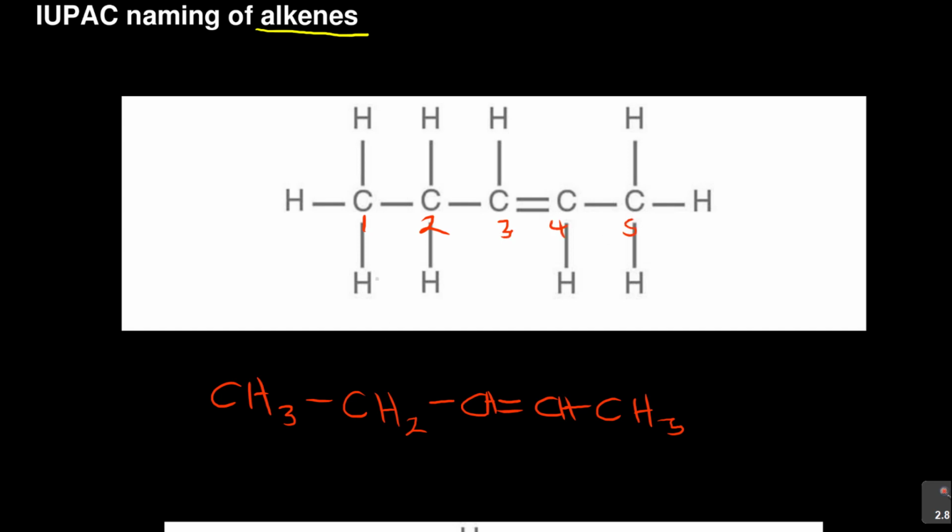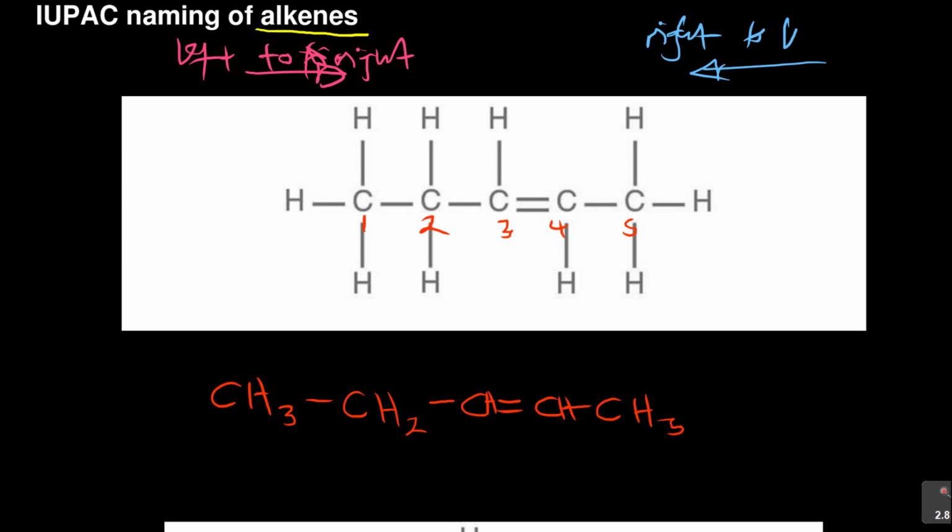You see that? But now remember, when you are naming, you are naming from left to right, and also you are naming from right to left. But now the question is, which one do you take at any given point?